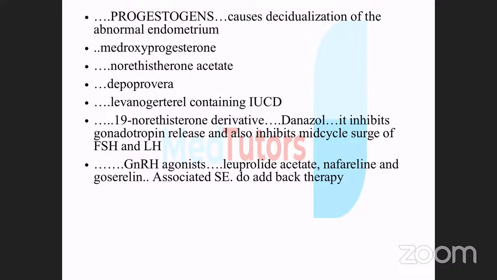However, they are usually given only for a short period of time, because when you use them for more than 6 months, they cause pseudomenopause and the woman will start presenting with menopausal symptoms, hot flushing, all those nasty symptoms. Because of that, the duration of use is short, and if you're going to use it for more than 6 months, you have to provide what is called add-back hormonal therapy to supplement the estrogen and progesterone that your body is not producing. Next slide.